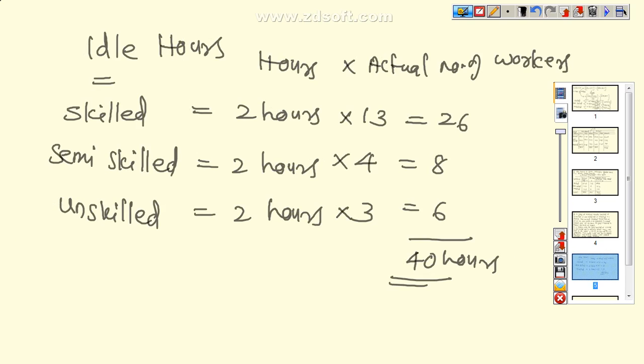First category answer is 144 unfavorable. If the answer is negative, there we have to write unfavorable or adverse.